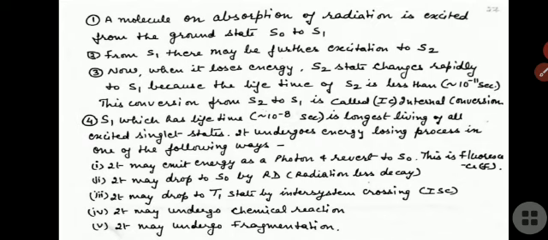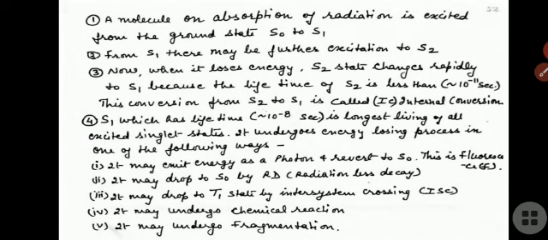This is fluorescence. And it generally occurs within 10 to the power minus 9 to 10 to the power minus 6 seconds. It may return to S0 by non-radiative processes in which excess energy of the excited state is shuffled into vibrational modes.